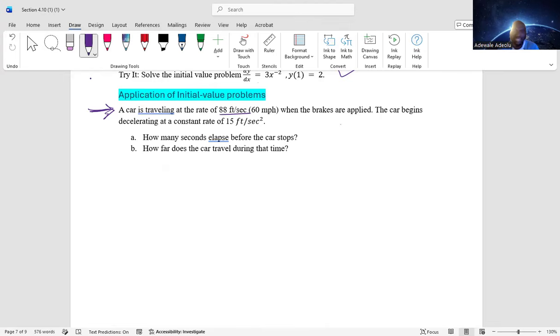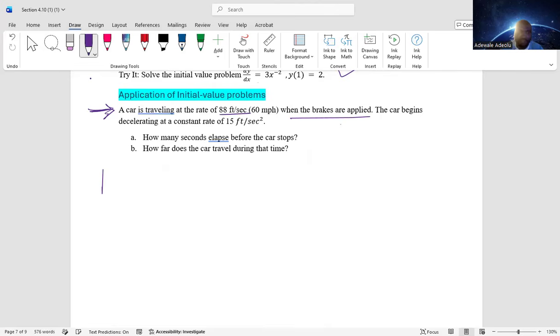That is the rate at which the car is traveling, the velocity, right? When the brakes are applied, the car begins decelerating. So the car has been traveling, then all of a sudden it applies brake.